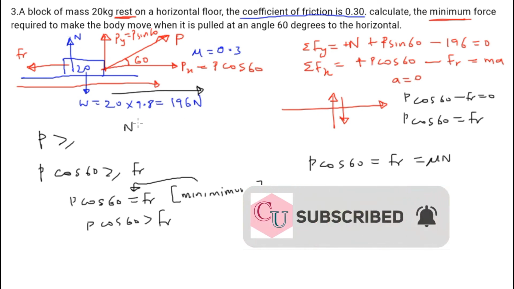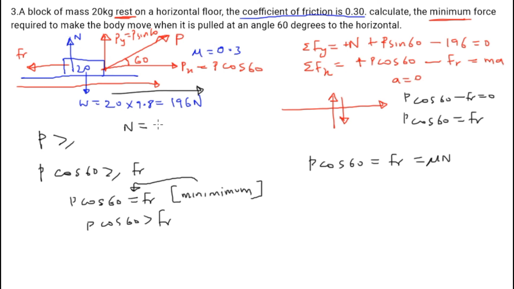From equation 1, n is equal to 196 minus P sine of 60 degrees. So upon substitution, I will have P cos 60 degrees equal to mu, where mu is the coefficient of friction and is given as 0.3, multiplied by the normal reaction, which is 196 minus P sine 60 degrees.